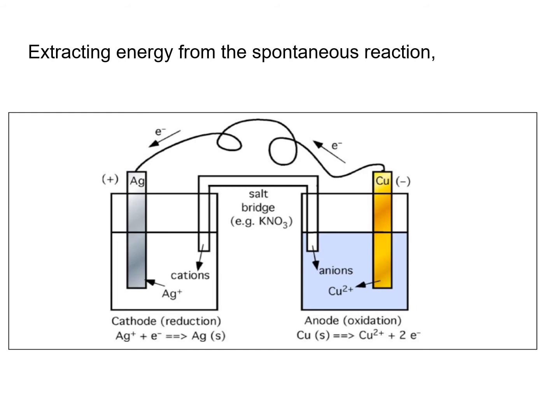So if you want to use this spontaneous reaction to extract energy and do work, we need to separate the two half cell reactions by building what we call an electrochemical cell. So this is an example of an electrochemical cell. We'll describe it in a while. So what's the setup?